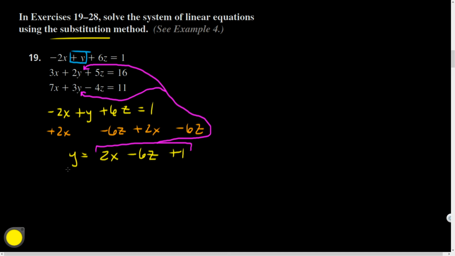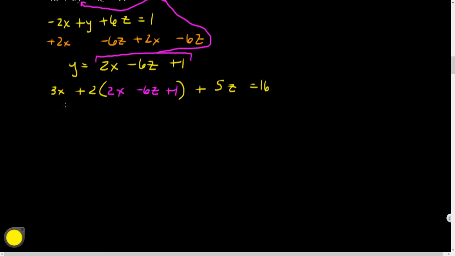And so I guess I'll keep working this way. So 3x plus 2 times y, which is now this entire thing, plus 5z equals 16. I'll work with this before the other part, otherwise it'll just get in the way. And so let's simplify this.